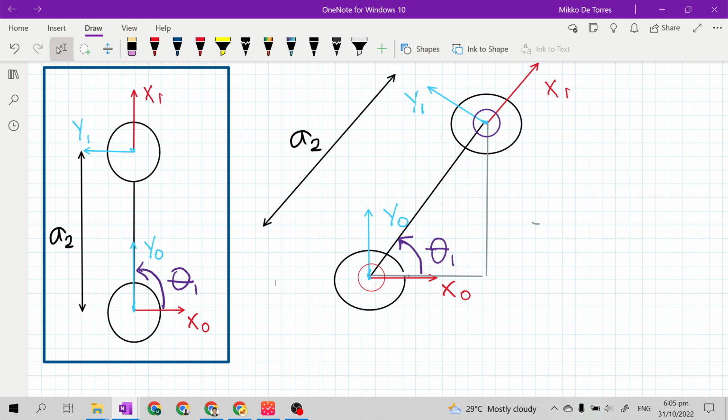At top view, we can see z sub 0, x sub 0, y sub 0, theta 1, x sub 1, y sub 1, the joint 1 and joint 2, and the link A2. This link is the link A2. So this is our mechanical manipulator at top view.